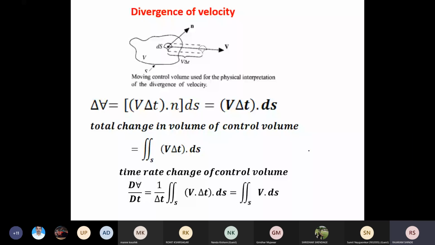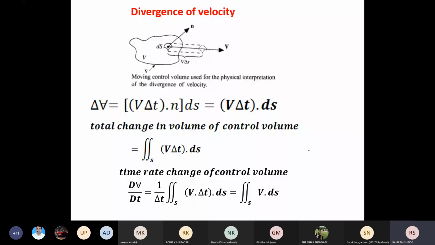Now here the volume of the control volume is not constant. Volume and control surface are changing with time. Depending upon the flow, the volume of that control volume which we have taken, and also the control surface, are changing when this control volume is moving with the flow.